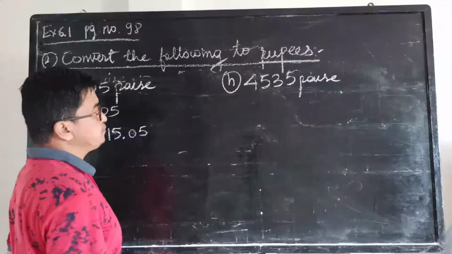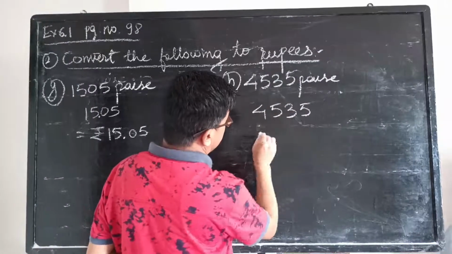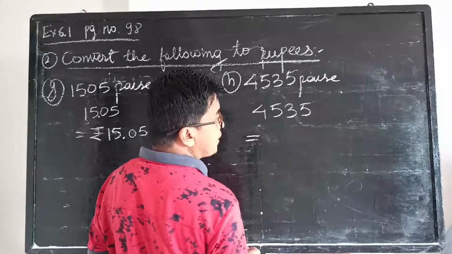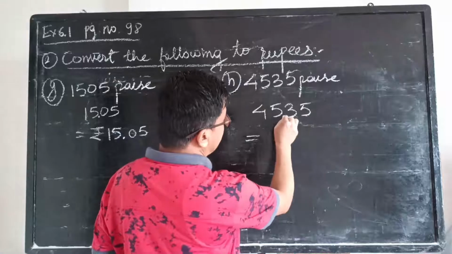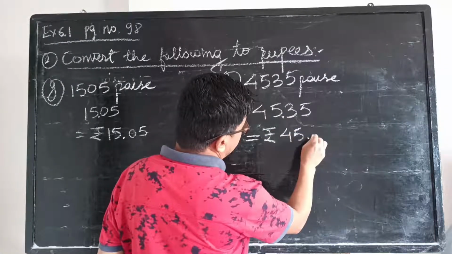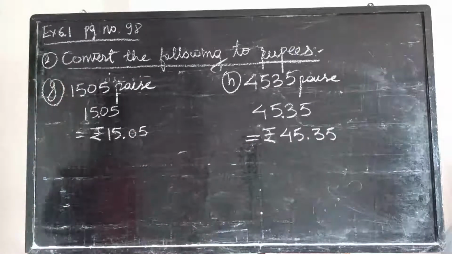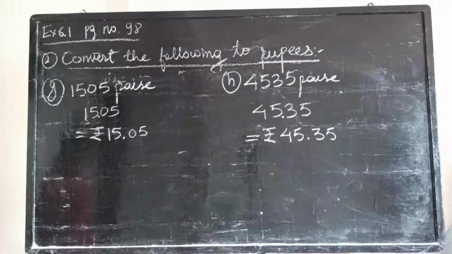Now H, 4535 paise. Now leave 2 digits from the right and put a dot. Here rupees 45 and 35 paise. This way you convert the following paise to rupees.